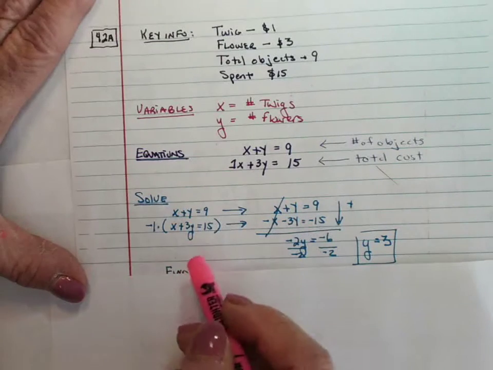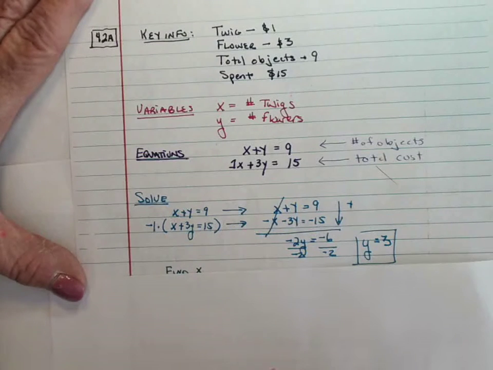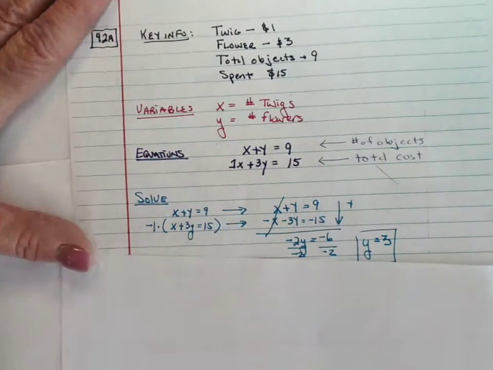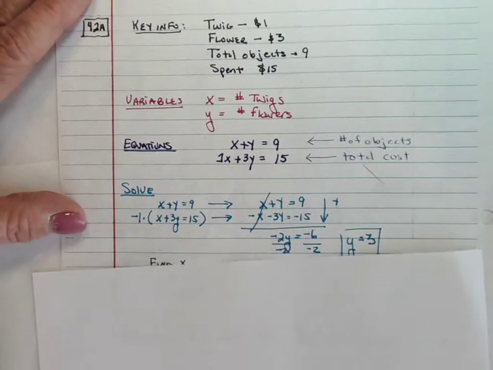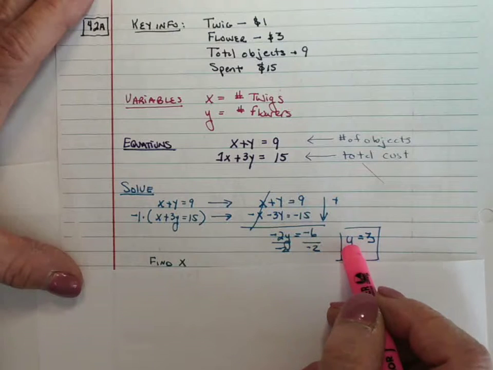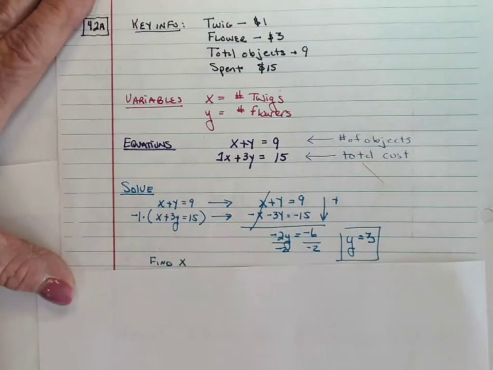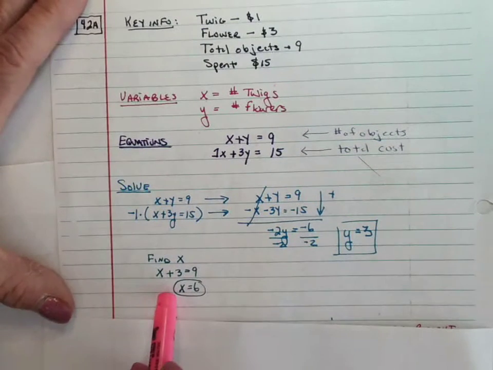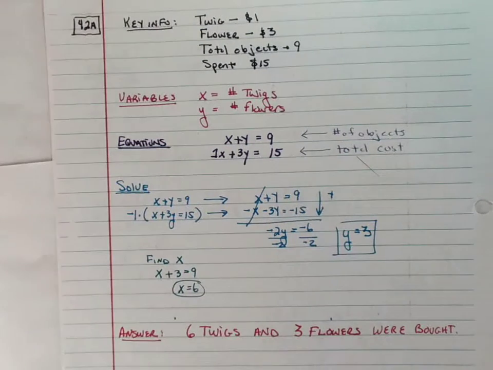You're going to have to multiply one equation by -1. When you do that, you get Y equals 3. Then you find X. Well, if Y is 3, so if there's 3 flowers, there must be 6 twigs. So your answer is 6 twigs and 3 flowers were bought.